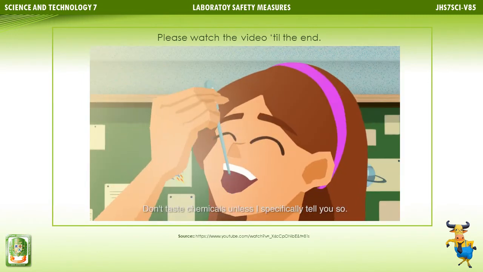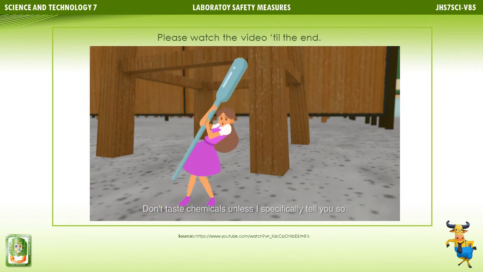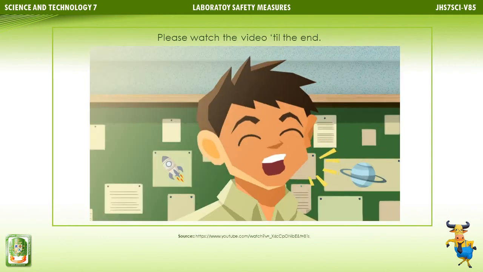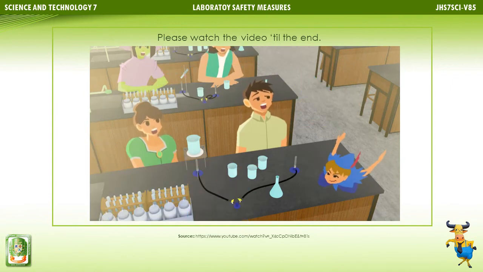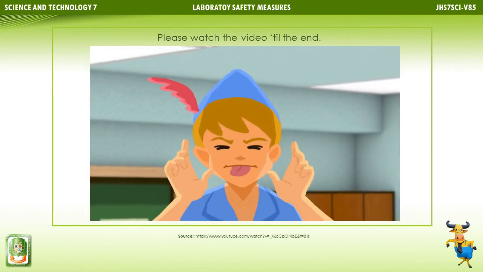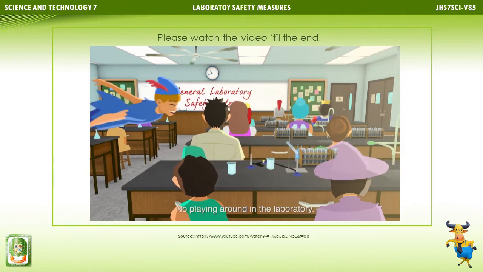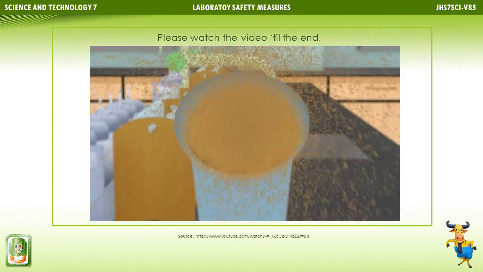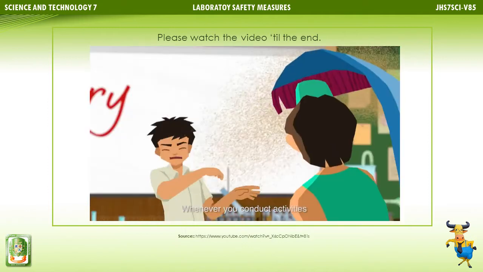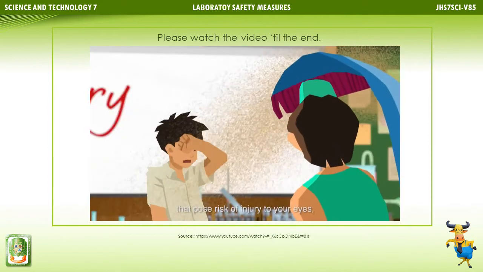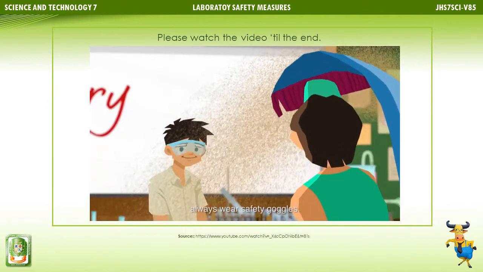Don't taste chemicals unless I specifically tell you so. No playing around in the laboratory. Whenever you conduct activities that pose risk of injury to your eyes, always wear safety goggles.